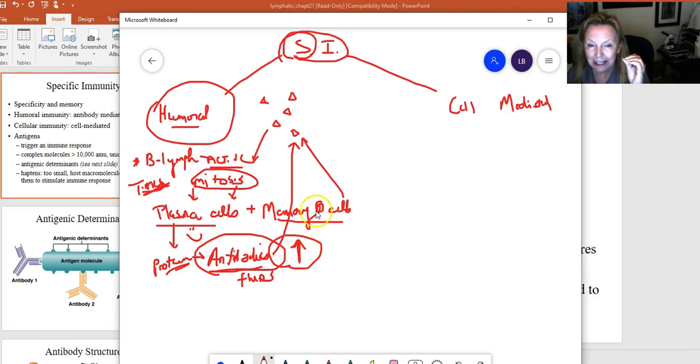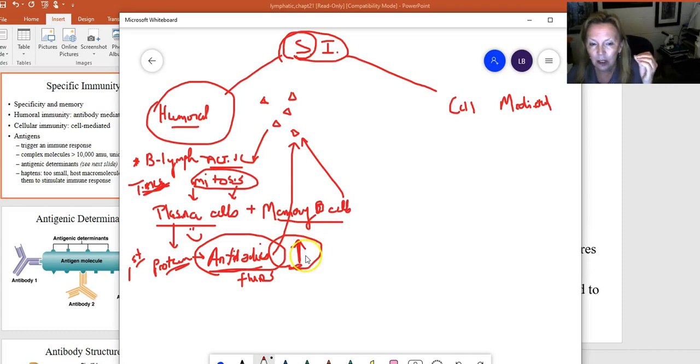And so on the subsequent exposures to this foreign antigen, these memory B cells will start pumping out specific antibody immediately, within minutes. The first time, it takes some time for the numbers of the antibodies to go up. And this is why you go through the signs and symptoms of having a disease the first time you get exposed to it.